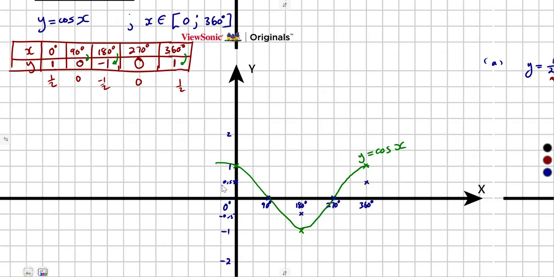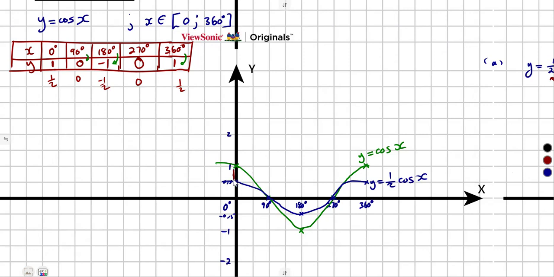So the graph of y is equal to 1 over 2 cos of x, or half cos of x, is going to be like this. At 90 degrees, at 180 versus minus 0.5, 270 versus 0, at 360 versus 0.5, like that. So this is what we are going to have as y is equal to half of what? Cos of x.